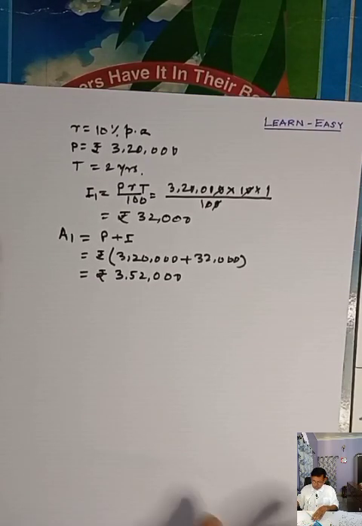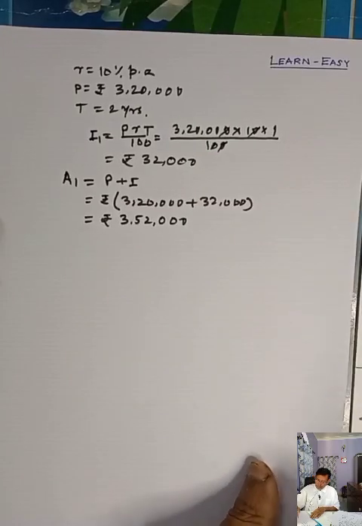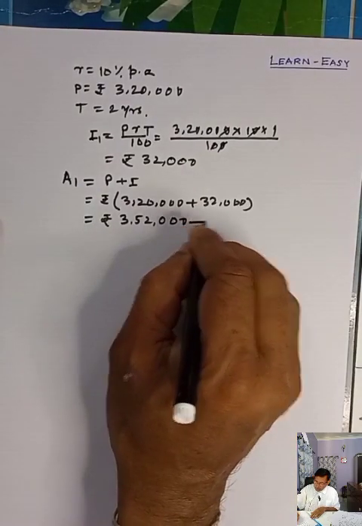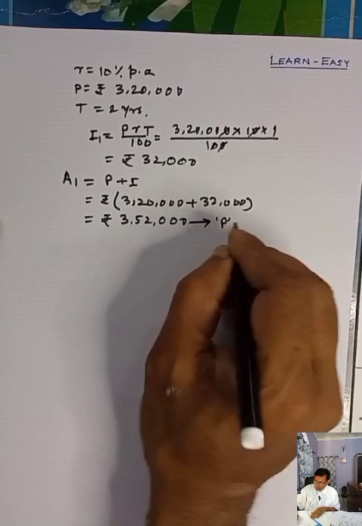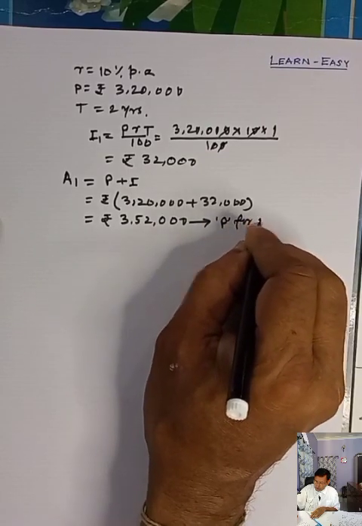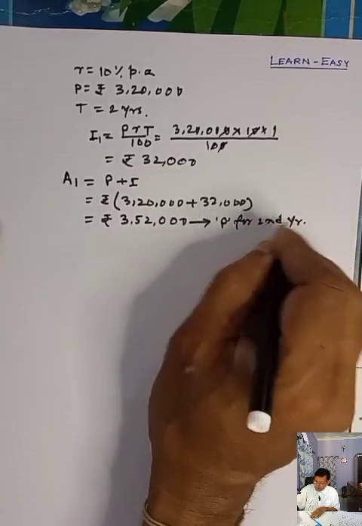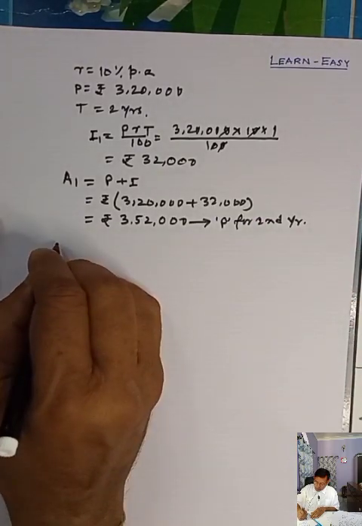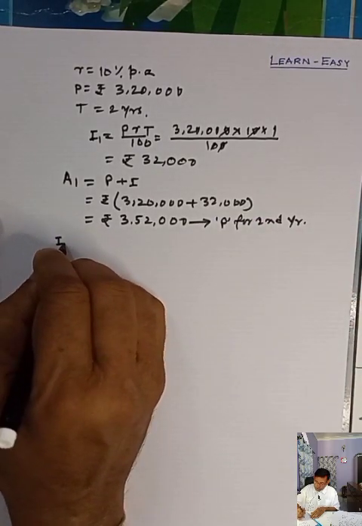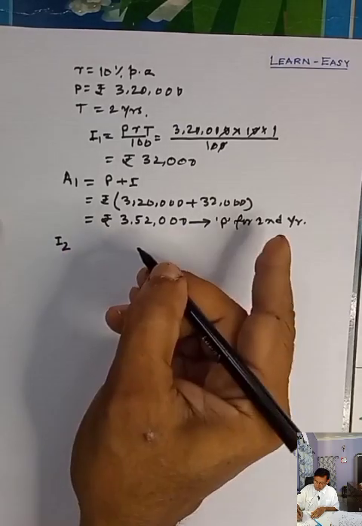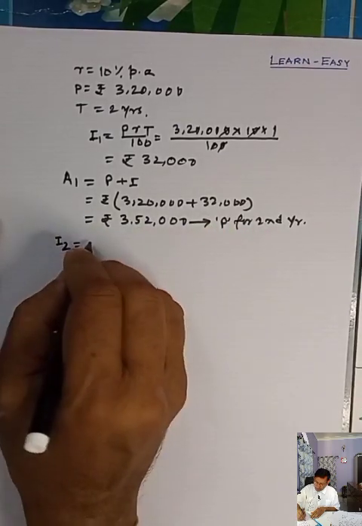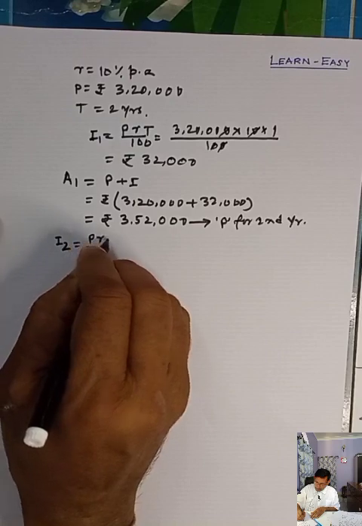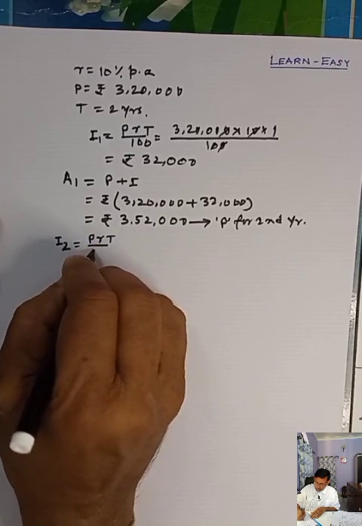This is the amount after first year, and this amount will be the principal for second year. Then what will be the interest for second year? This is the principal. Again, P R T divided by 100.